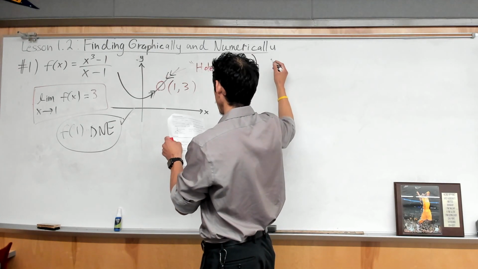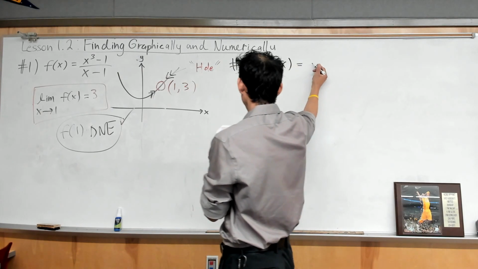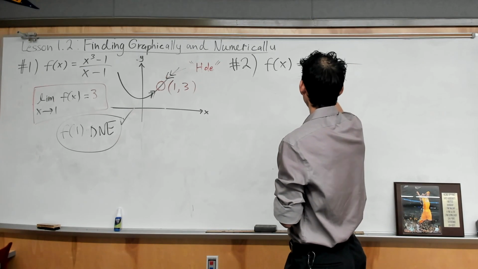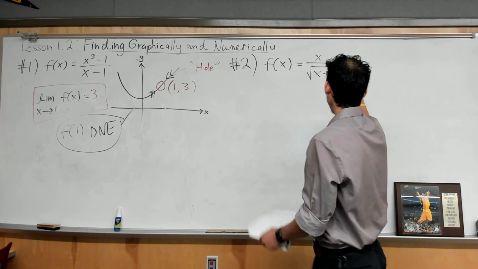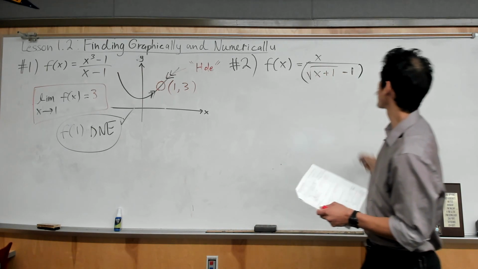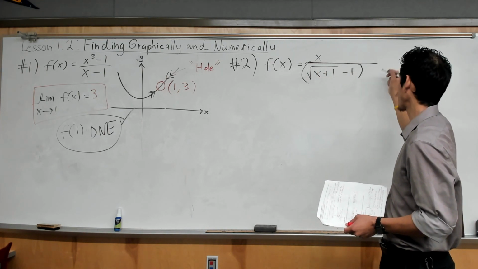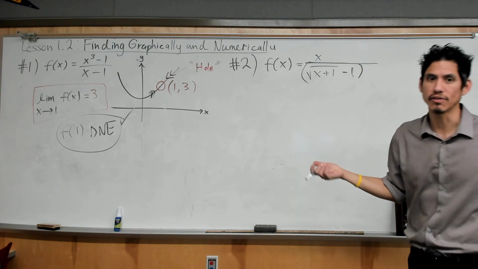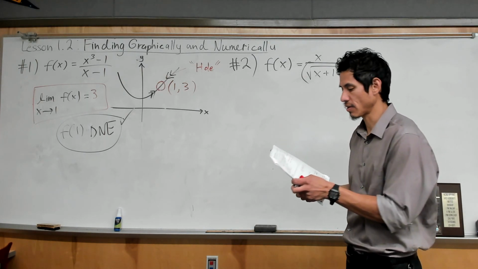Next example, let's look at the function x over the square root of x plus 1 underneath the radical, and the minus 1 outside of it. So this guy. And again, don't worry about how we get the graph. In this section, like in your textbook, you're going to be given the graph usually, or just use your graphing calculator.